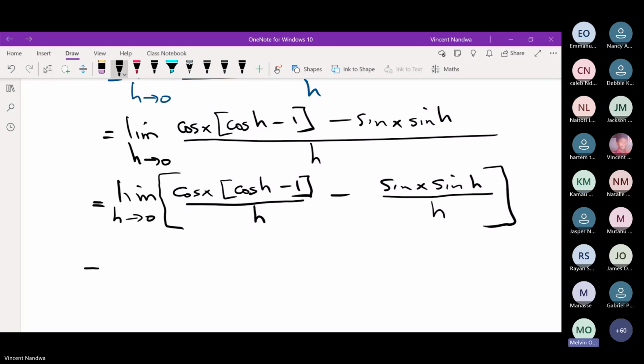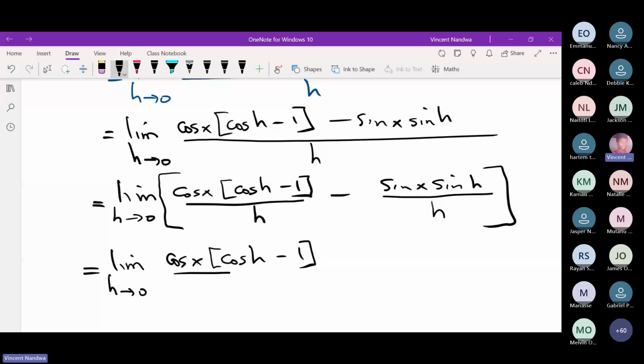Apply limits to each of the two parts. So I'll have the limit as h approaches 0 of cosine of x into cosine h minus 1 divided by h, minus the limit as h approaches 0 of sin x sin h divided by h, correct?